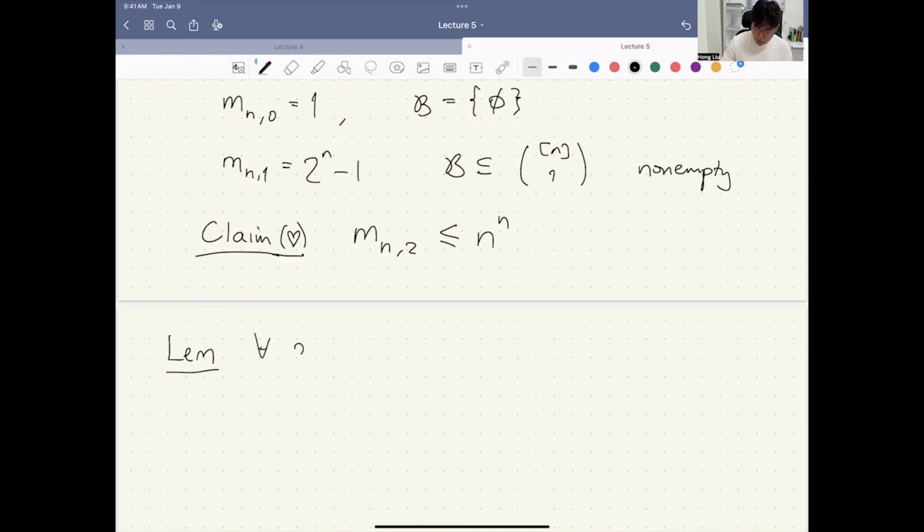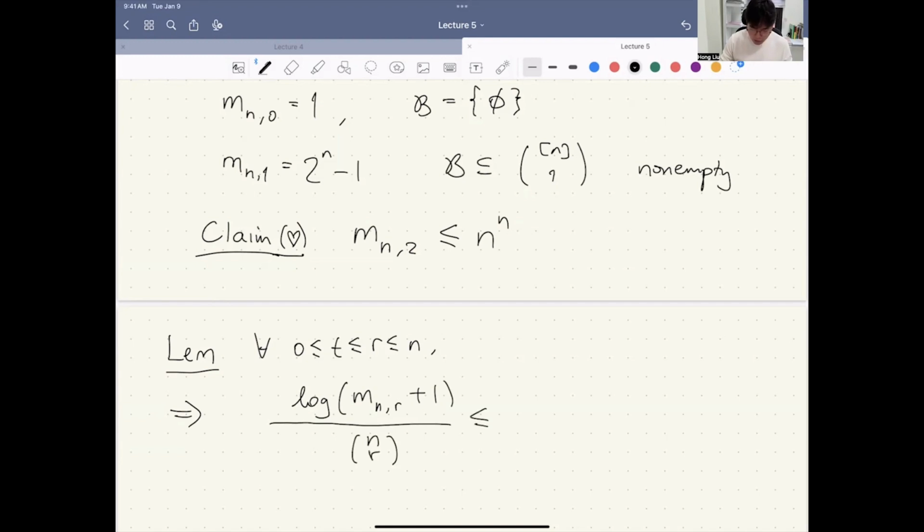So for any 0 at most t at most r at most n, we have log of the number of rank r matroids plus 1 over n choose r is at most log of M(n minus t, r minus t) plus 1.